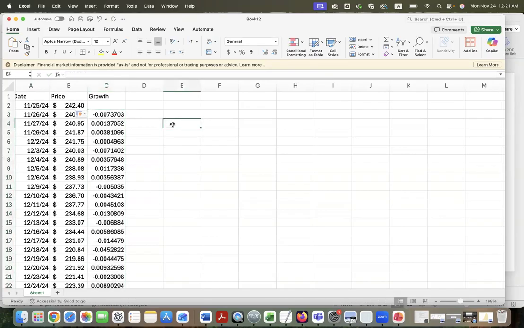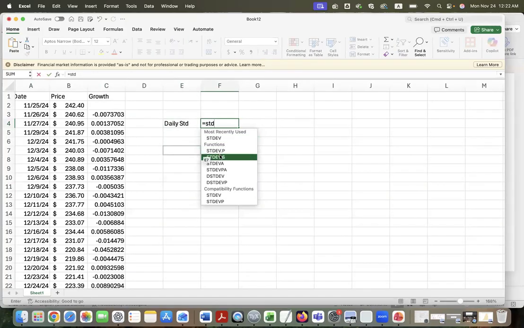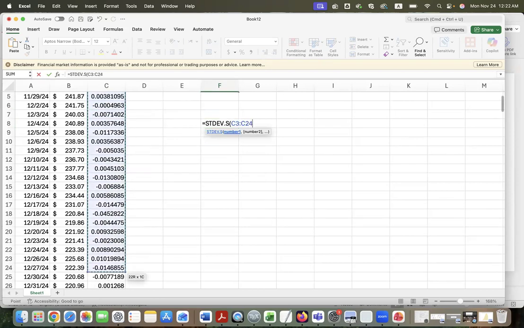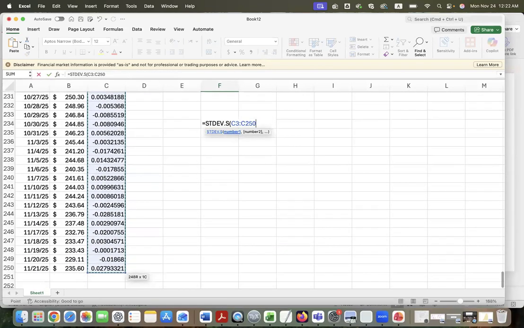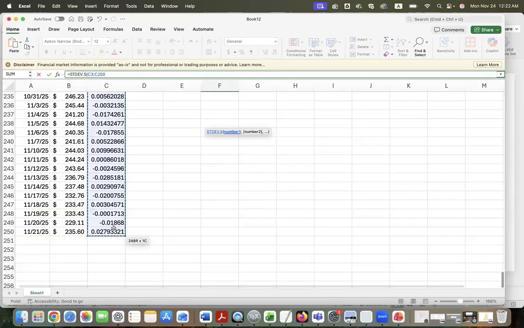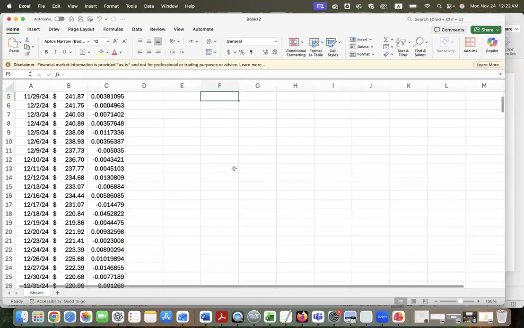If I want to calculate daily standard deviation, I can just say equals STDEV.S, and then choose all the numbers in growth, and that gives me the daily standard deviation.